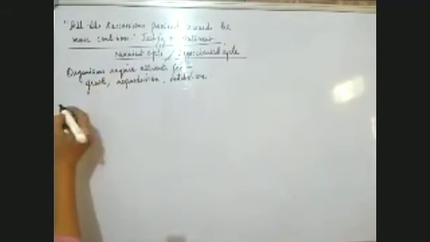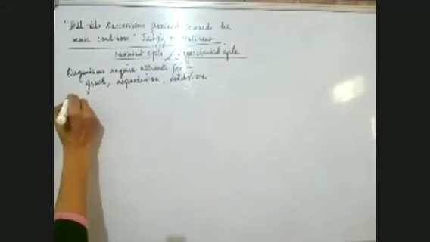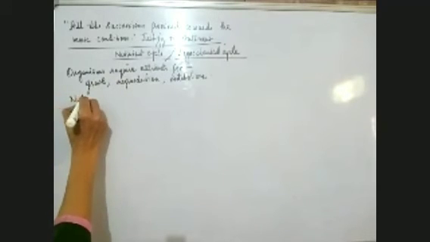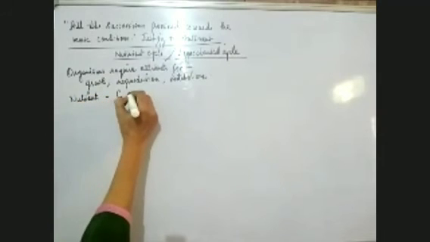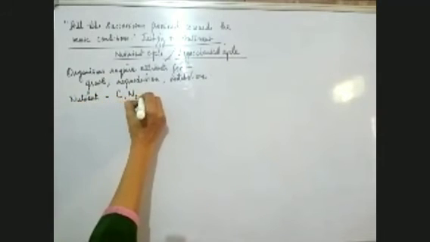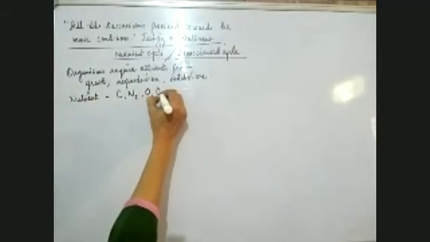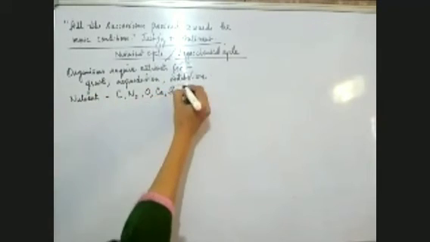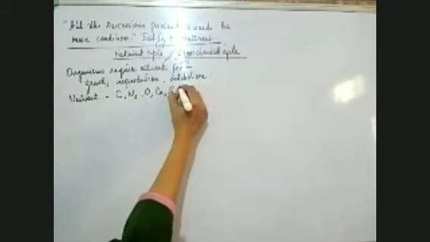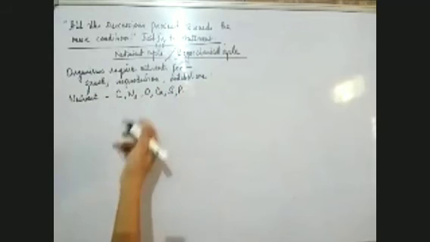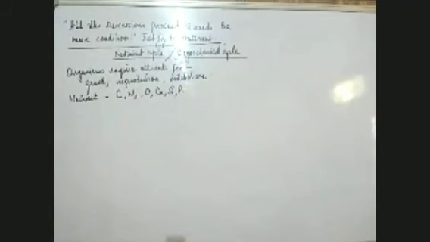Now, what are those nutrients which are required by the plant? It can be carbon, nitrogen, oxygen, calcium, sulfur, or phosphorus. So various nutrients are required by the organisms for their growth.